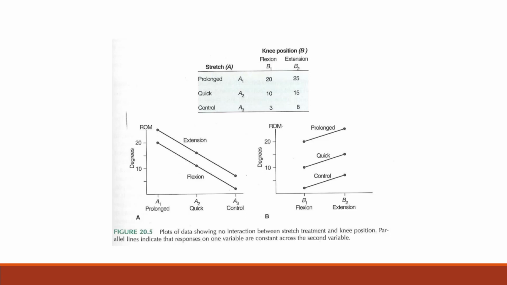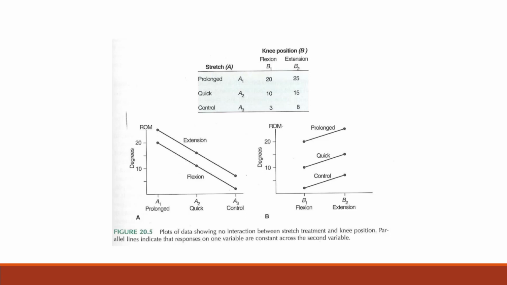To illustrate this concept, consider the hypothetical means given for the 6 treatment groups in figure 20.5. Each mean represents a unique combination of stretch and knee position. We can plot these means to more clearly illustrate these relationships. In figure 20.5a, we have represented range of motion, the dependent variable, along the y-axis.